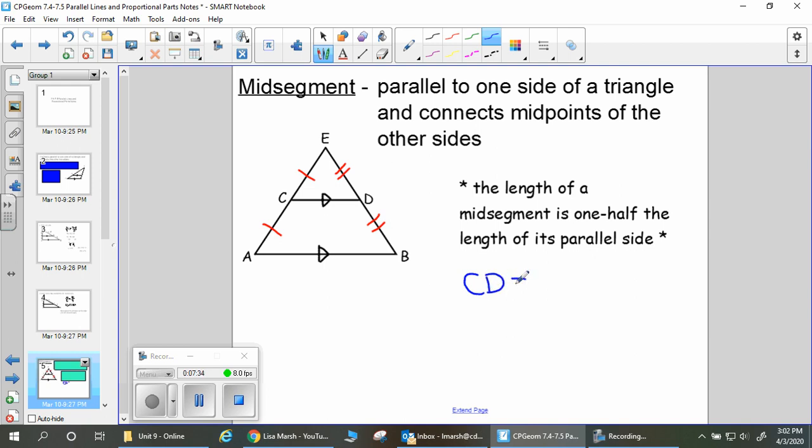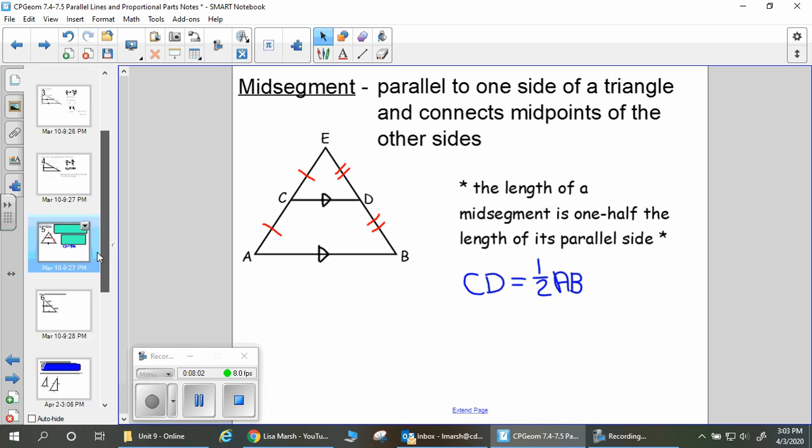It is equal to 1/2 the side it's parallel to. And in this case, the side it's parallel to was AB. So that's what I'm going to use should they ask me to find the length of the midsegment. This midsegment is always 1/2 the side it's parallel to. So that's the relationship between them.